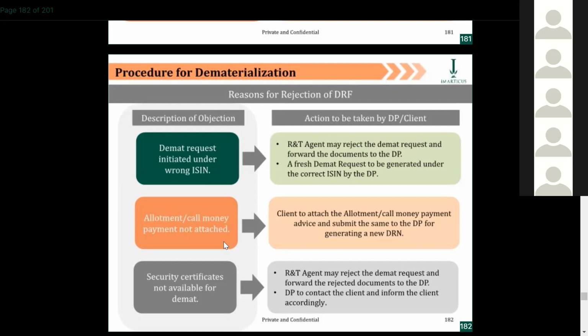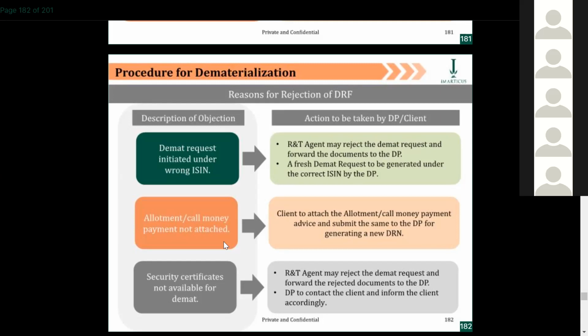We are talking about the call money in reference to the company raising money in the market. So there might be some shares for which the investor has not paid the call money. So 100 rupees का शेयर था, customer ने सिर्फ 50 rupees पे किया है. So the customer would have to fully pay for the security before converting them into dematerialized shares.